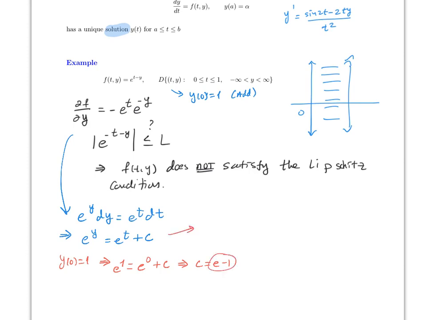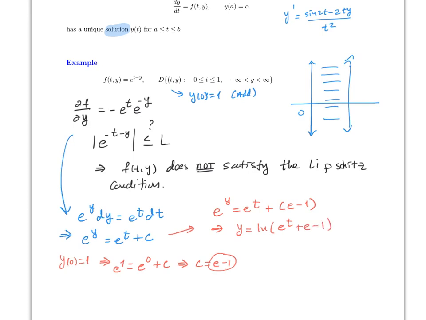So therefore from here we have e to the y is equal to e to the t plus e minus 1, or y is equal to ln of (e to the t plus e minus 1).